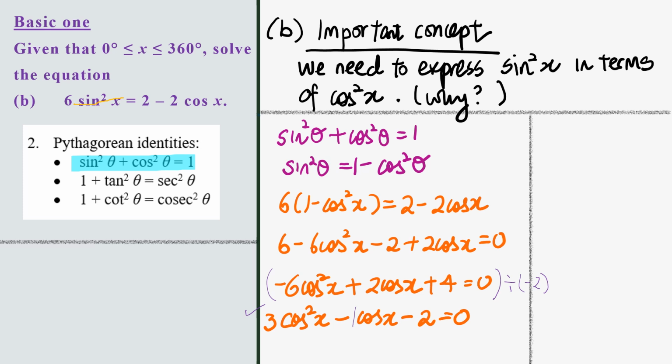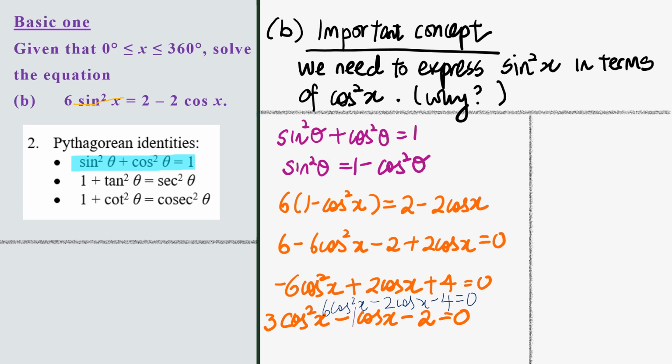But if you find this confusing, another way of doing it would be to multiply every term by -1 throughout to get 6 cosine squared x minus 2 cos x minus 4 equals 0. Sorry, that is 4.